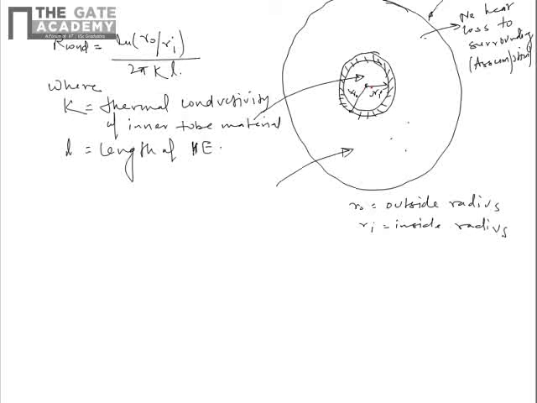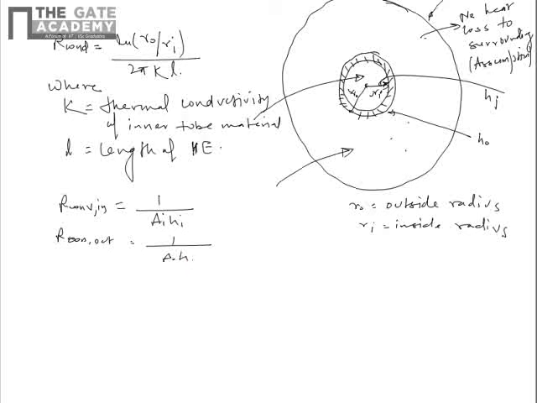Let us say the heat transfer coefficient at the inner surface of the tube is Hi and at the outer surface of the tube is H naught. So the convective resistance inside is 1 by Ai Hi, and R convection outside is 1 upon A naught H naught.